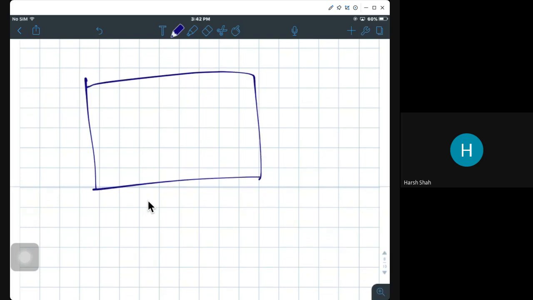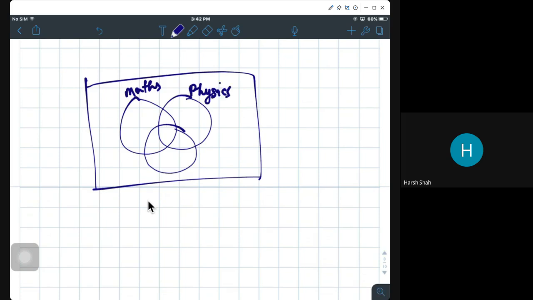Let's say I have this Venn diagram where I have 3 sets. This is maths, this is physics, and this is stats.